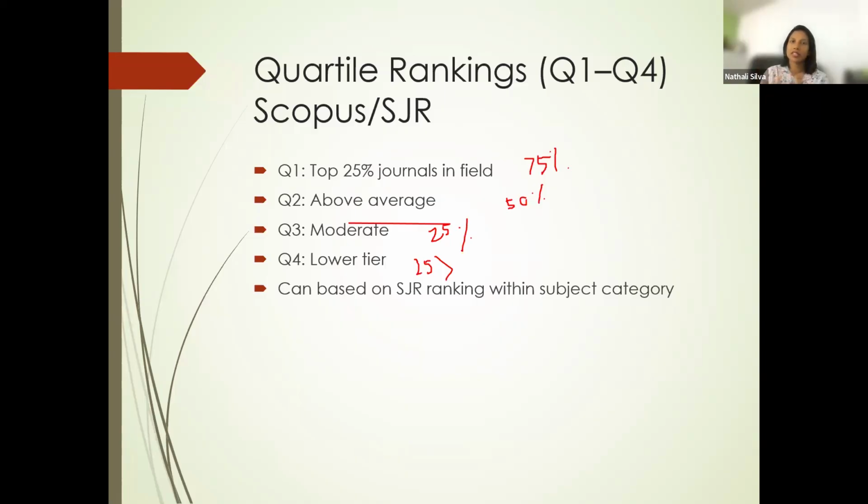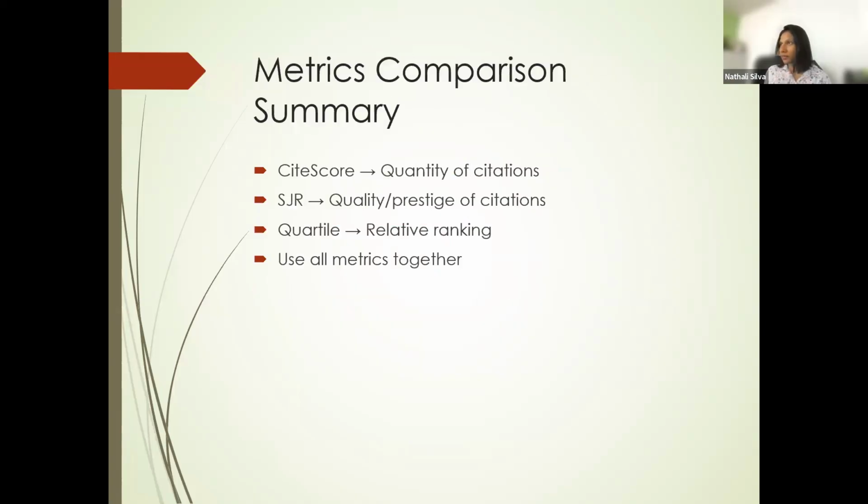Now, it doesn't mean you can determine where to submit depending only on the metrics, but you need to remember the first few things we discussed as well. Come up with good keywords, analyze the journal's aims and scope, and then refer to recent articles of the same journal. Then only you come to this place where you analyze the metrics of the journal, right?